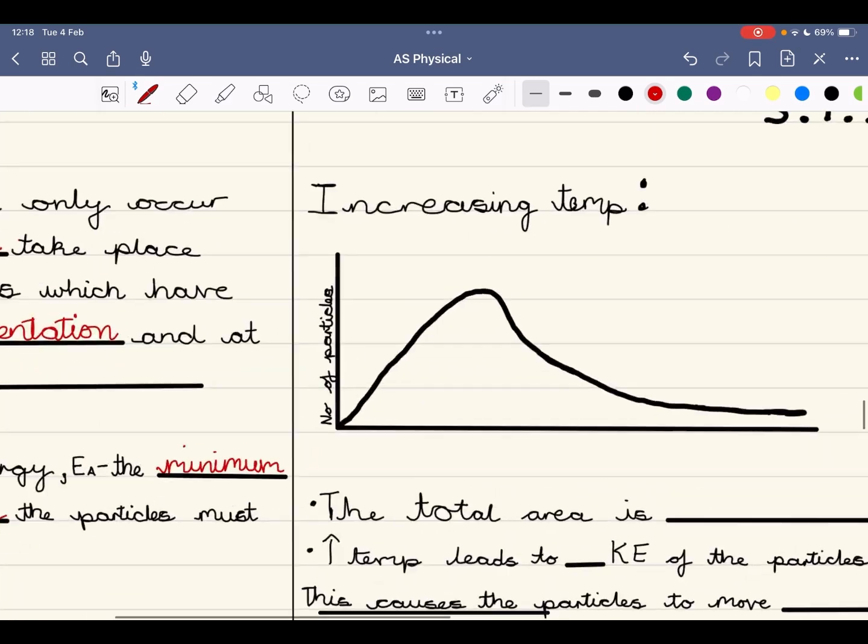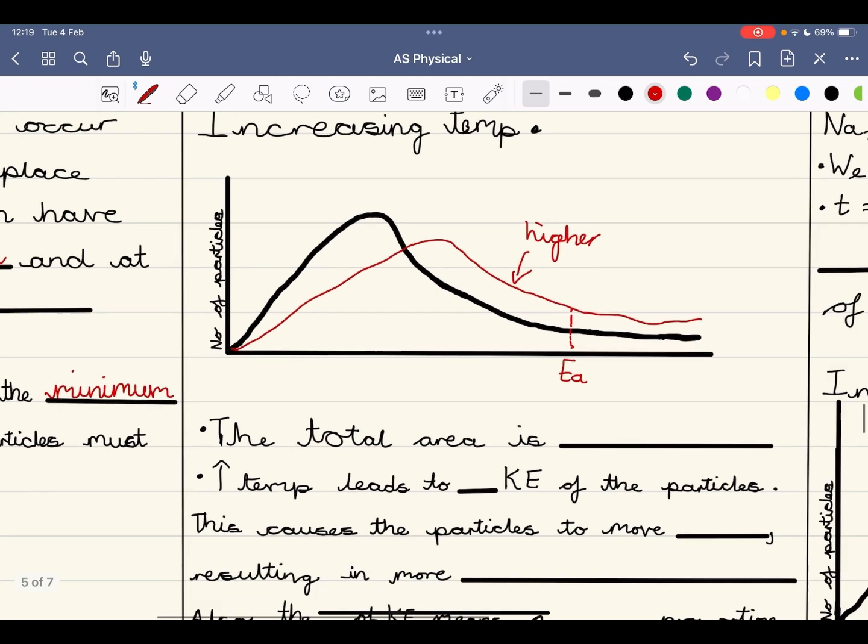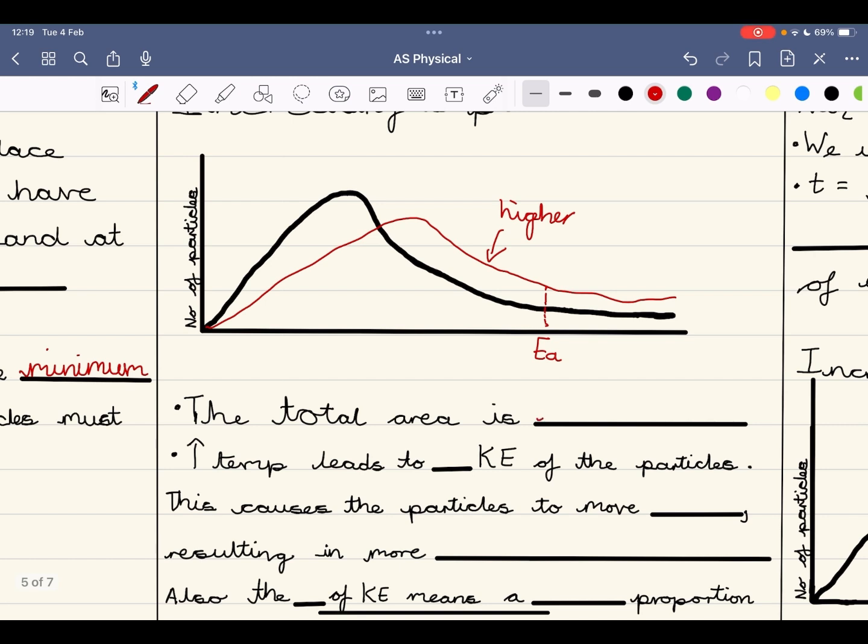Okay, so if we increase temperature, the Maxwell-Boltzmann distribution shifts to the right a bit and down. If we mark the activation energy like this, the total area is unchanged, because the number of particles hasn't changed.